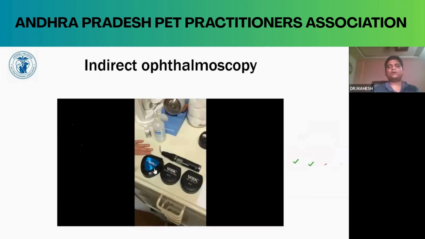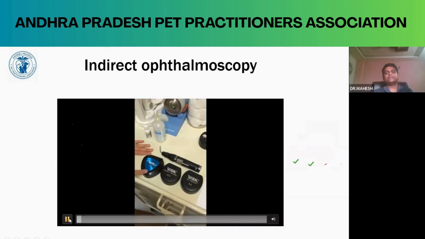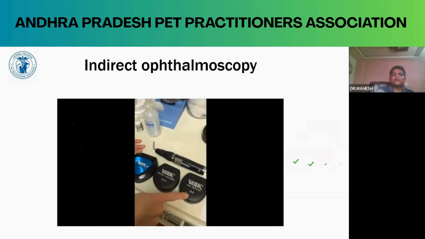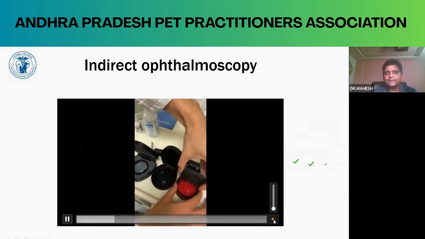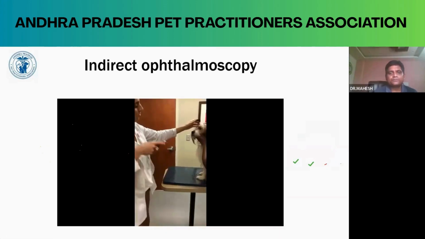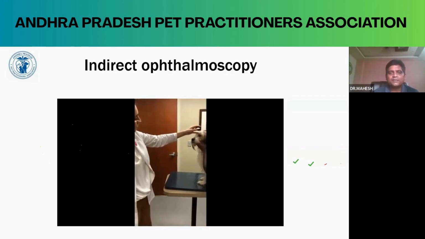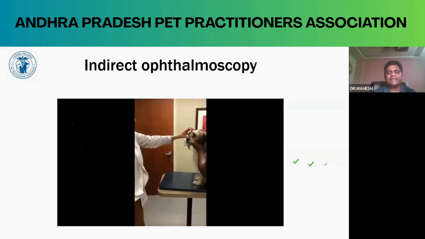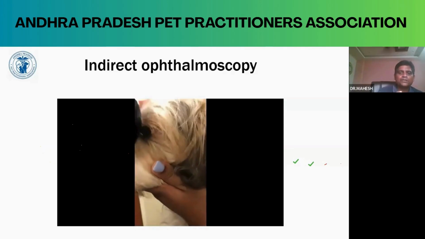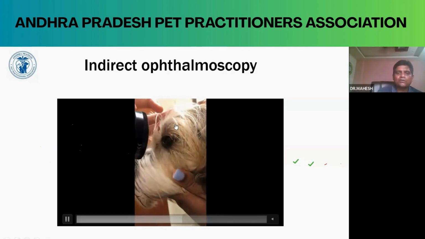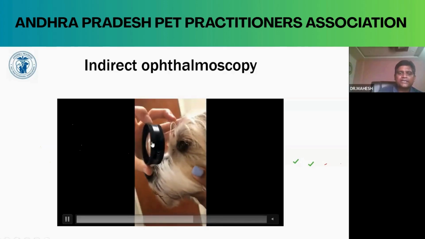So this is a video of how you can observe using the Finoff transilluminator. This is the positioning, the full arm distance at which you have to observe. This is the Finoff transilluminator at full arm distance, and after focusing the eye, in the same pathway slowly introduce the convex 20 diopter lens.